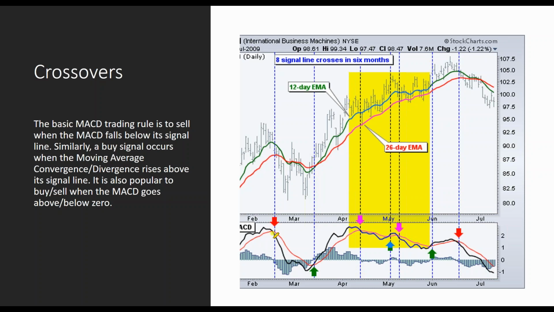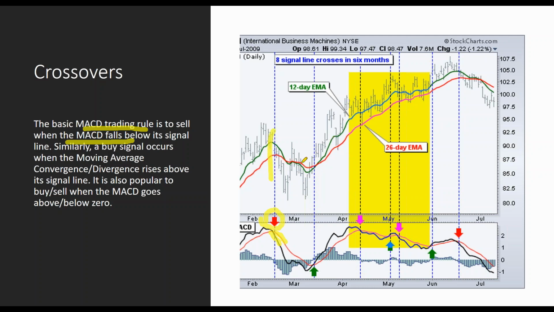When the MACD line fell below the signal line, when they crossed over, that generated a sell signal.